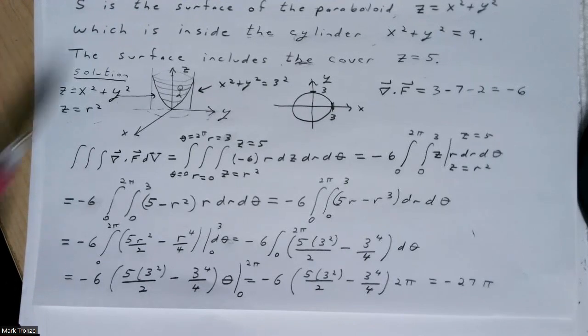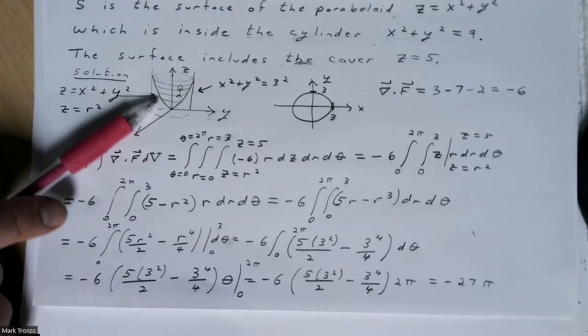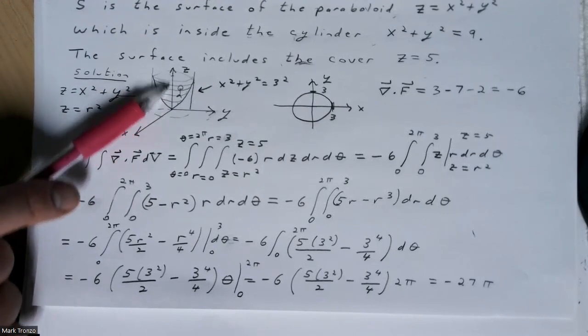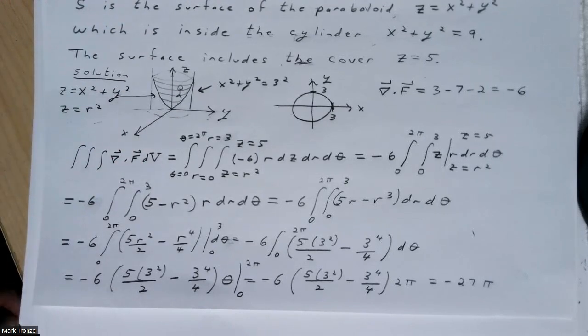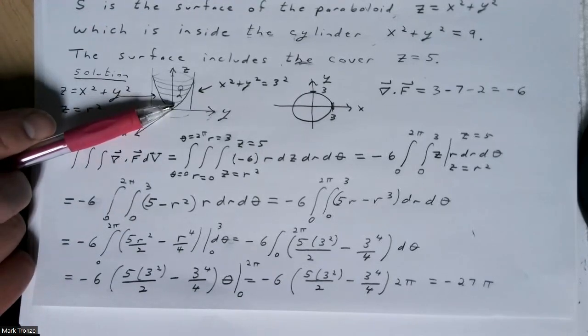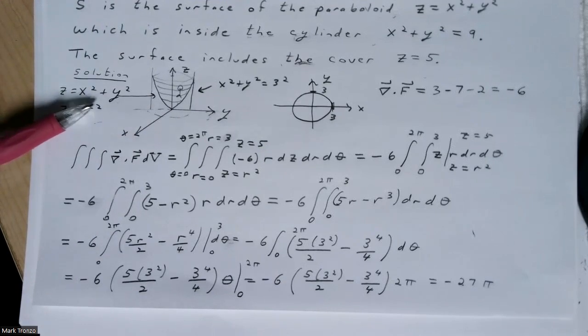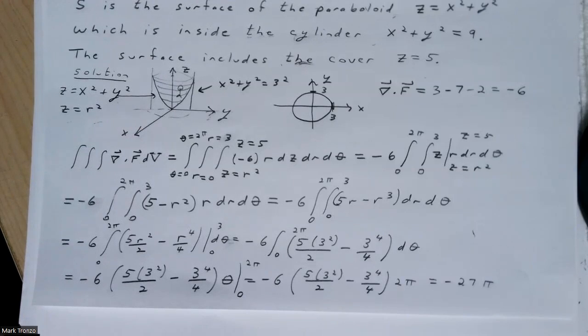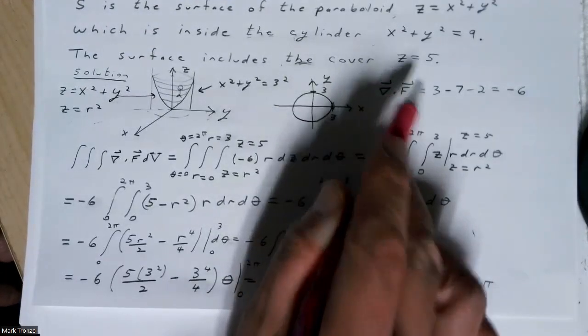So once again, instead of integrating over this surface, the paraboloid and the top, we integrated over the volume in there. And if you imagine yourself standing in the positive z direction, your feet will be starting on the paraboloid x squared plus y squared, and your head will be pointing up towards the upper surface, z equal 5 in this case.